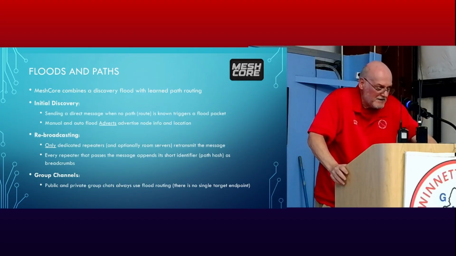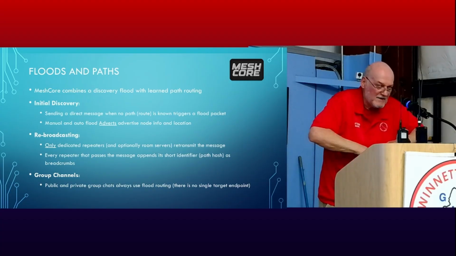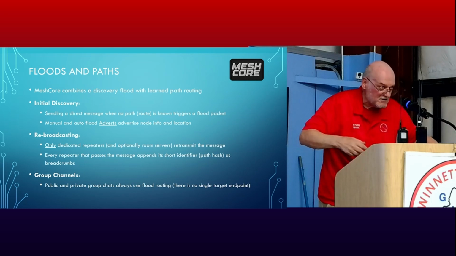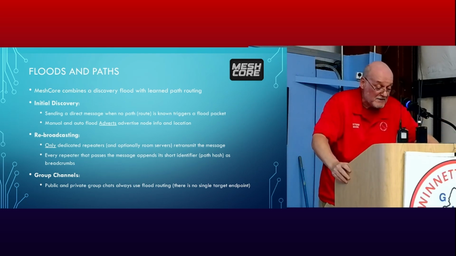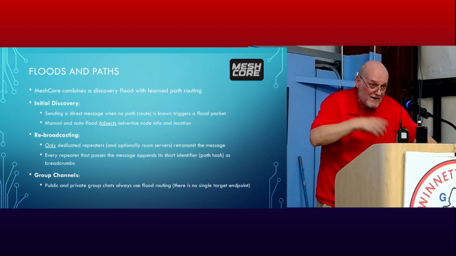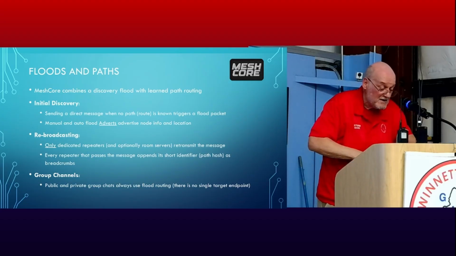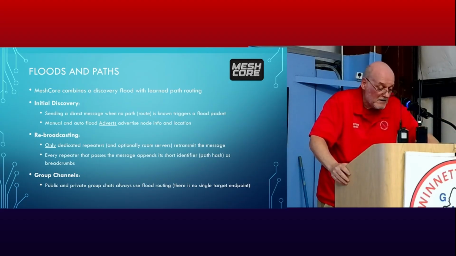There's a difference between channel traffic and direct traffic in this regard. Channel traffic is sending out a message to a group chat. There's no definitive destination. It's just getting blasted out there into space. And so in channel traffic, everything is a flood message. Every repeater that hears that message is going to repeat it out into the wild, right?